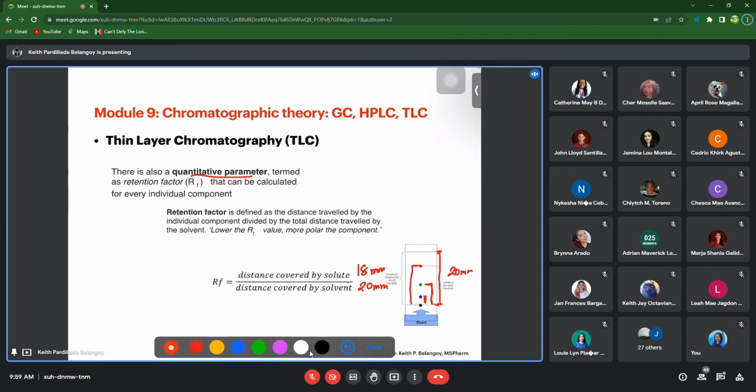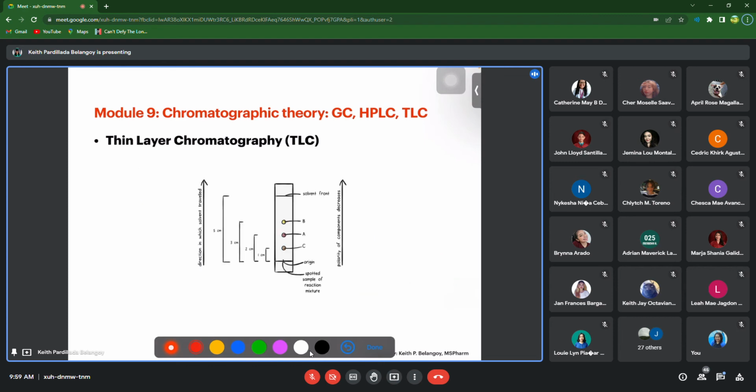Okay, is it clear? Okay, I have another example. So we have here another one. Spot C traveled the shortest distance at 1 centimeter, spot A traveled 2 centimeters, and spot B is 3 centimeters.